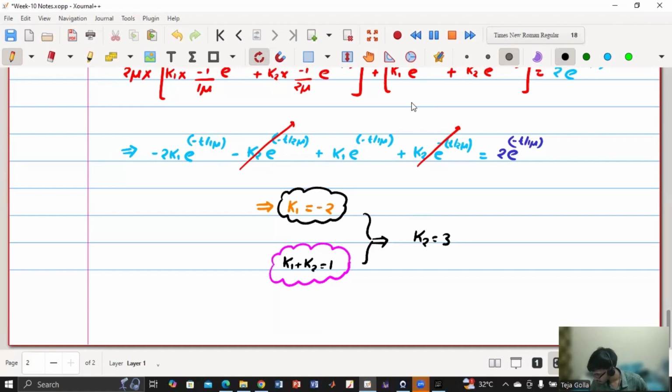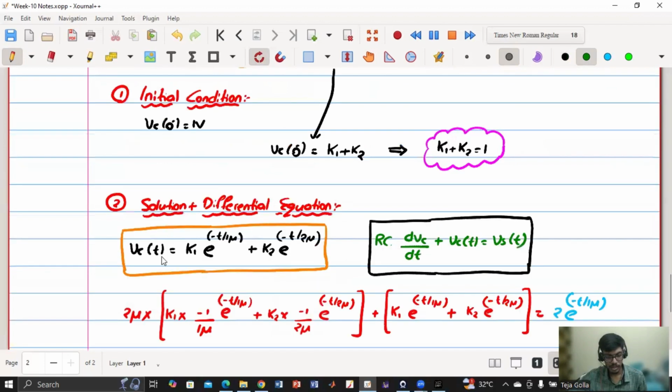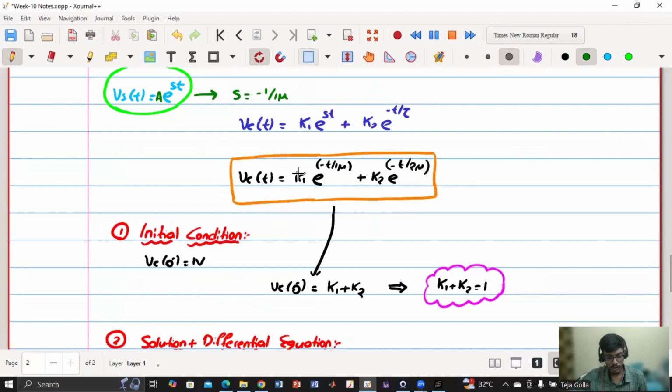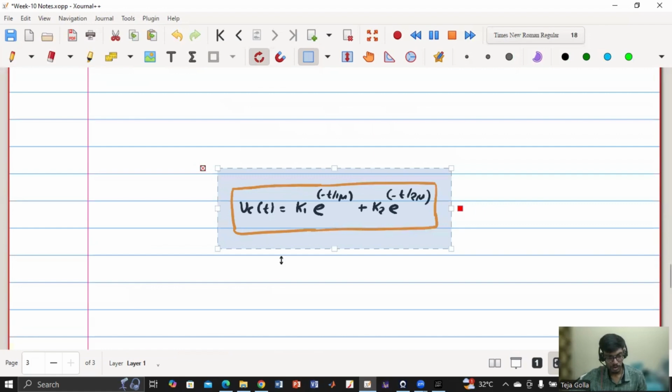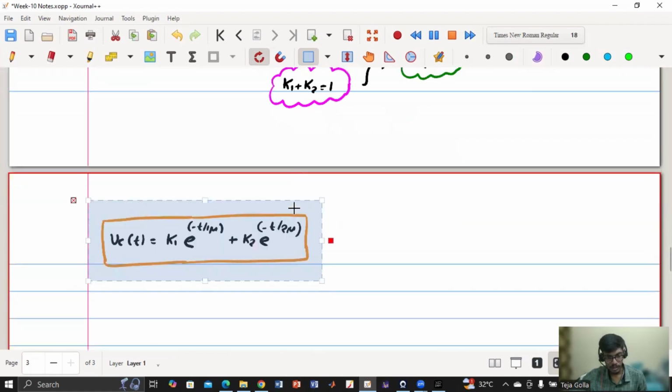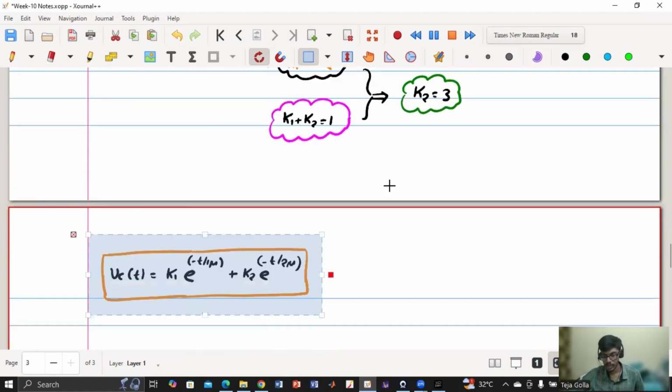Now what happened? I got the solution of VC of t, right? So now let us write the VC of t. I know K1 is equal to minus 2, K2 is equal to 3.